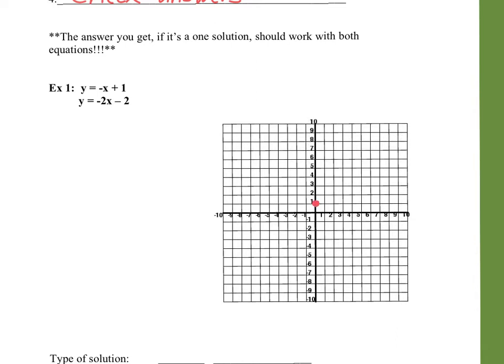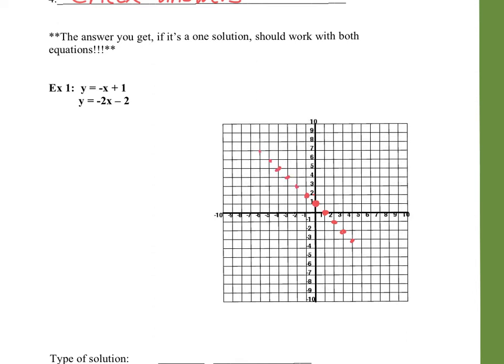And my slope? Negative 1. So that means to go down 1 and right 1. Yep. Down 1, right 1, down 1, right 1. I can also go up 1 and left 1.